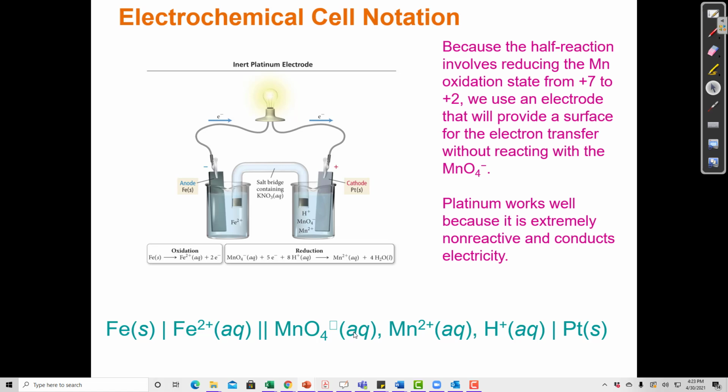So manganate, aqueous, comma, Mn2 plus aqueous, comma, H plus aqueous. All three of these species are in this beaker. They're all part of the reduction reaction, so they all need to be included in this representation. But since they're all in the same phase, they're separated by commas instead of by parallel lines. But the platinum is solid, it's not dissolved, so it's separated by a solid line, and it gets its own little space over here.